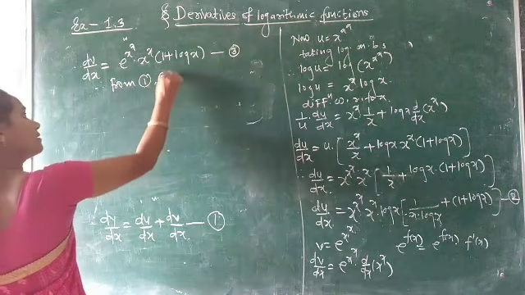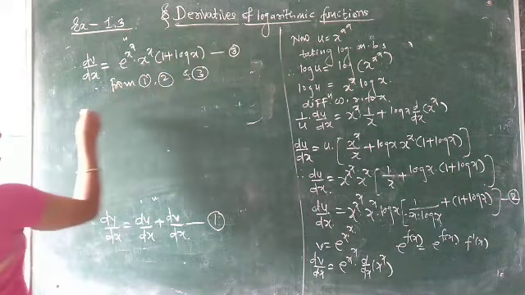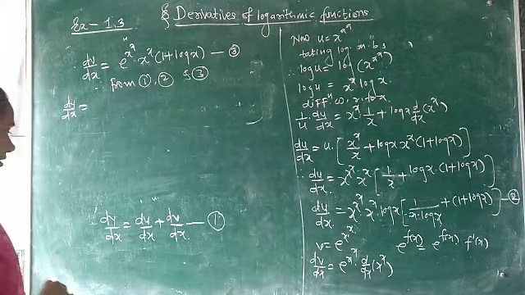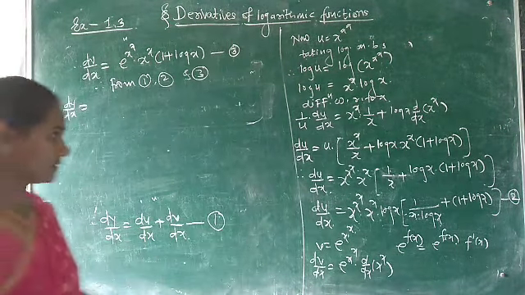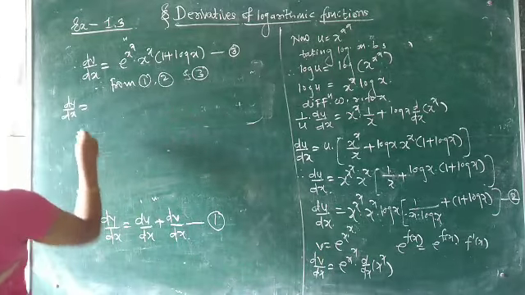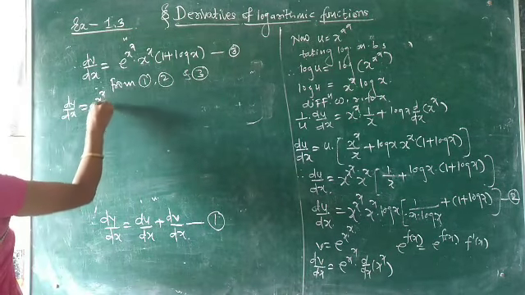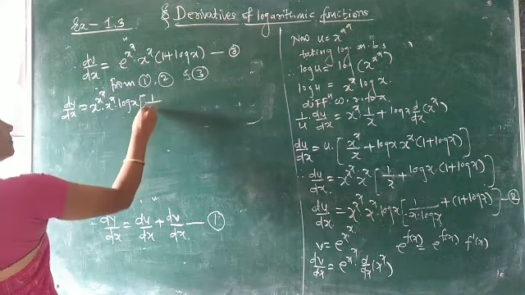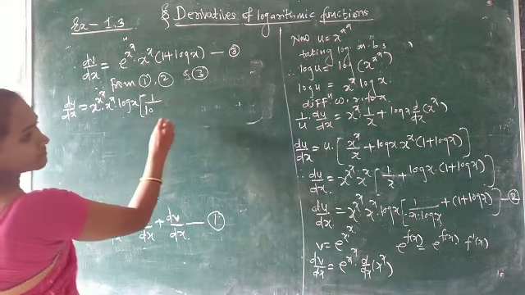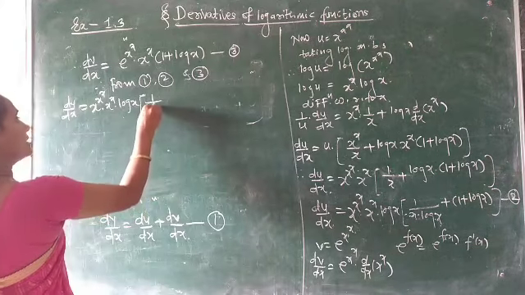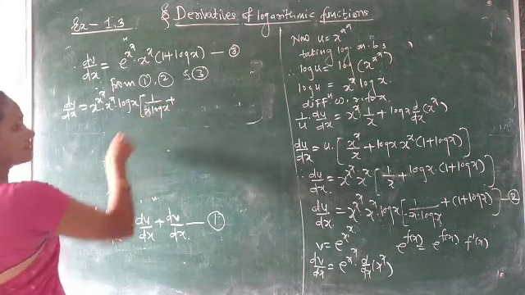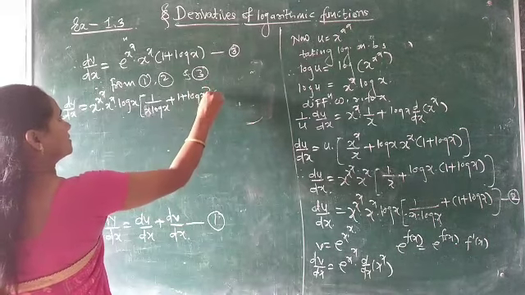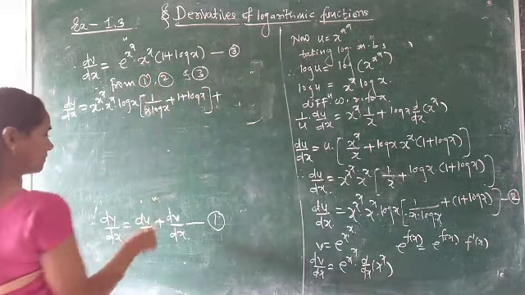Now from 1, 2 and 3 we write dy upon dx. dy upon dx is equal to first du upon dx. Write the value of du upon dx: x raised to x into log x in brackets, 1 upon (x into log x) plus 1 plus log x, plus dv upon dx.